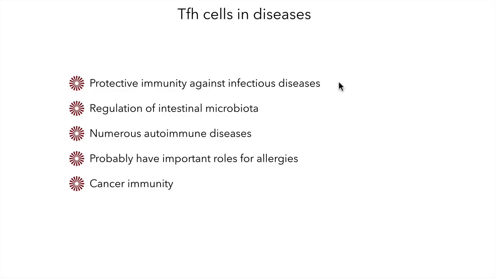Interestingly, LCMV has a surface that's very difficult for antibodies to bind to, and therefore, conceptually, it may be that you need particularly good T cell help to B cells when the target of the B cells, the target of the antibodies, is a particularly difficult target for which to develop high affinity B cells.